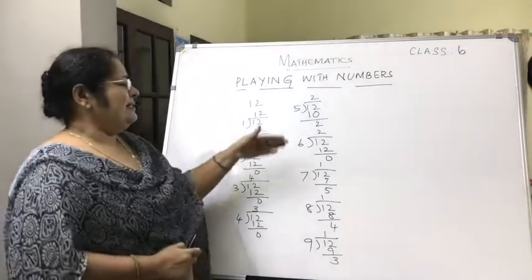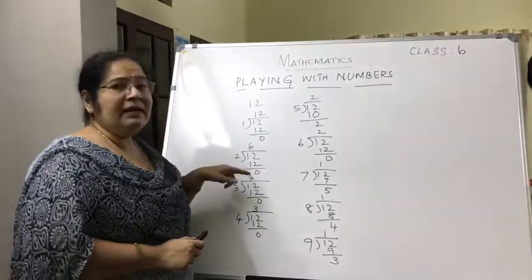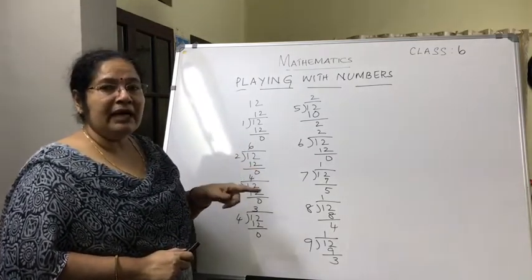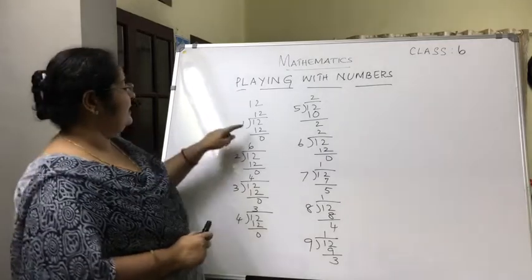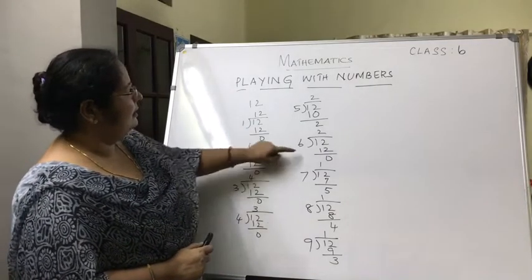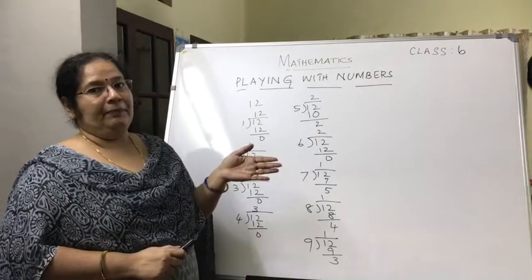Now in these cases, when you are dividing, you will see that in some cases the remainder becomes 0. Which all cases? Here the remainder is 0, here it is 0, here, here, here. In all these cases the remainder is 0.